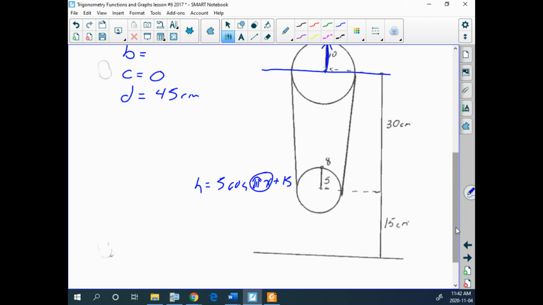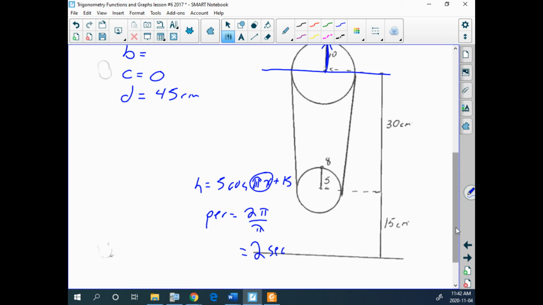Well, I have a B value. By looking at this equation, I can calculate my period: 2 pi divided by B. So the period of this one is 2 seconds.